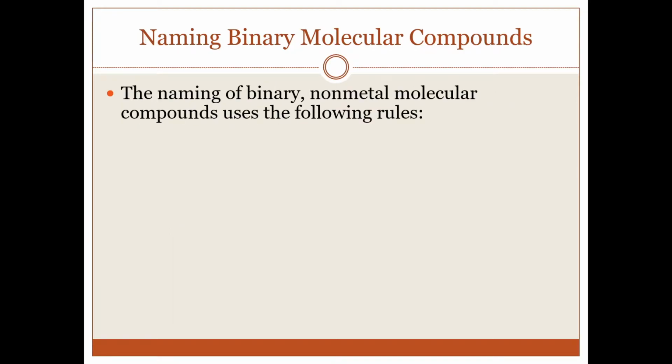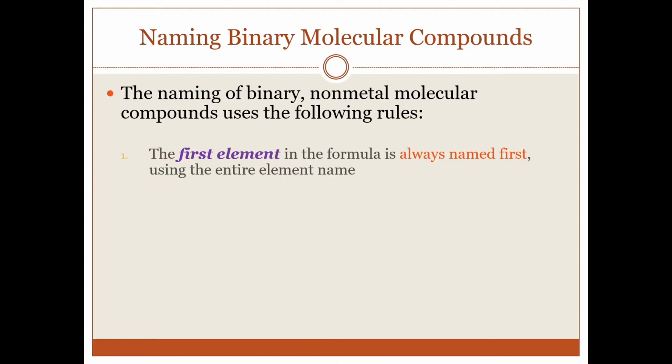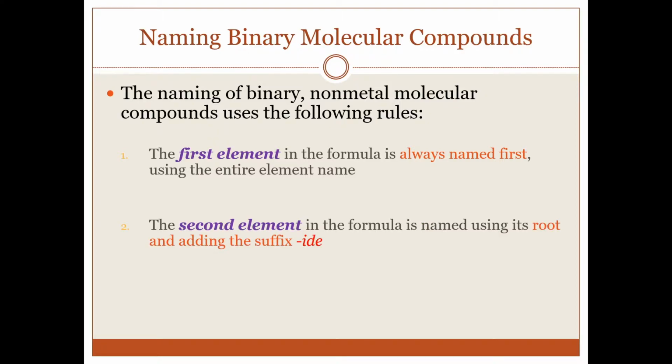The naming of binary nonmetal molecular compounds uses the following rules. First, the first element in the formula is always named first. The second element is named using its root and then adding the suffix "ide" at the end.